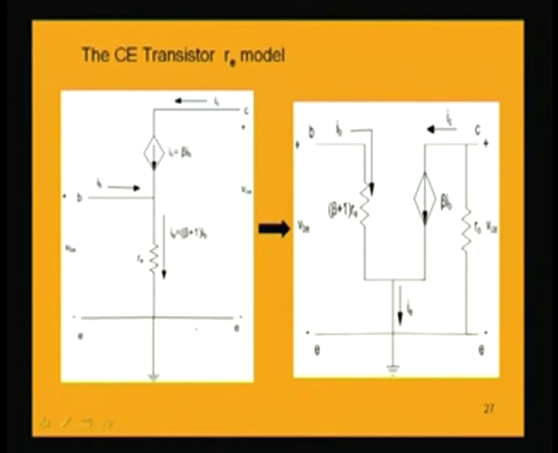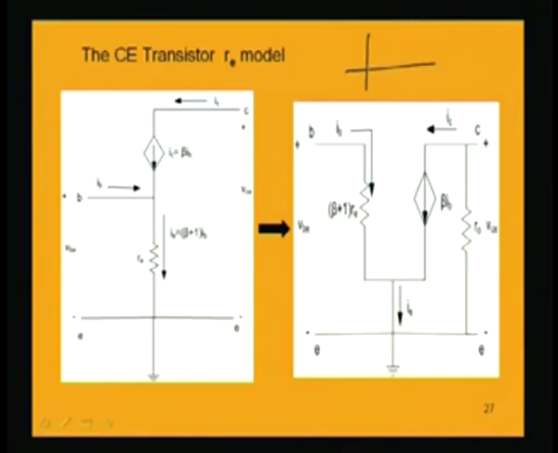The output side is having a current source, but apart from this, we have to note one more fact: the resistance between collector and emitter has to be incorporated, because this common emitter transistor does not have infinite output resistance. It is smaller than common base transistor because of the presence of a slope in the common emitter output characteristics.